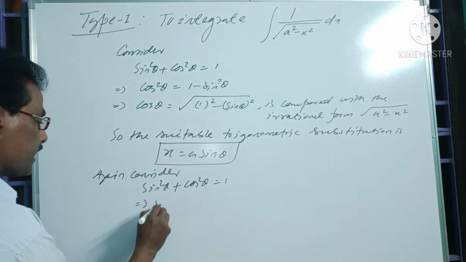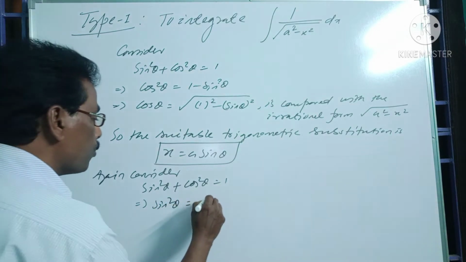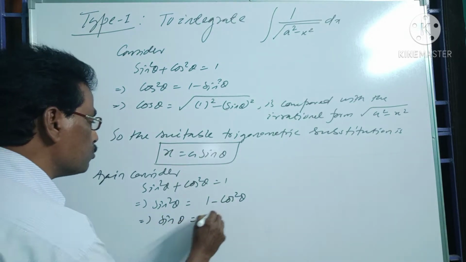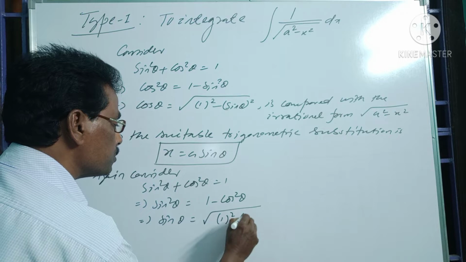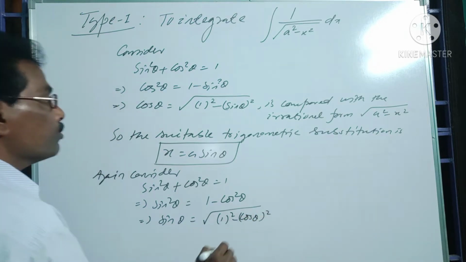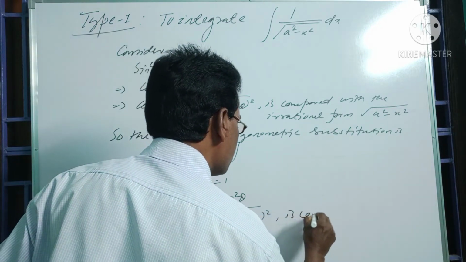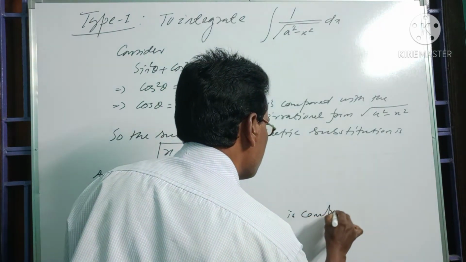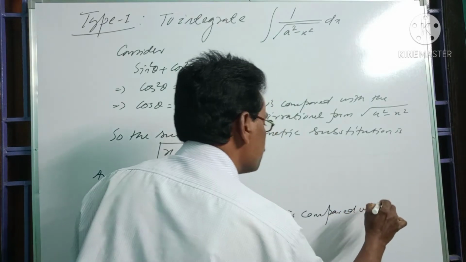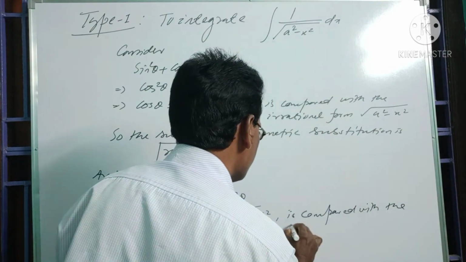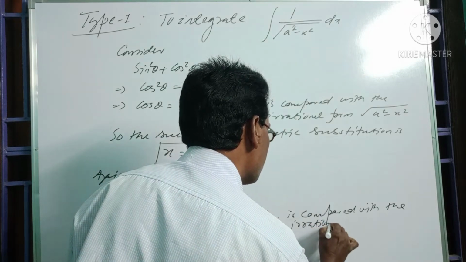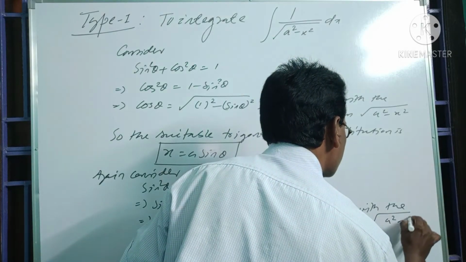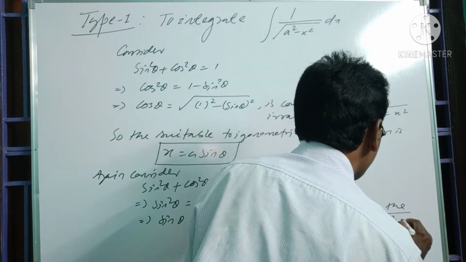So sin square theta is equal to 1 minus cos square theta, which implies sin theta is equal to root over of 1 square minus cos theta's whole square, which is compared with the irrational form, that is root of a square minus x square.